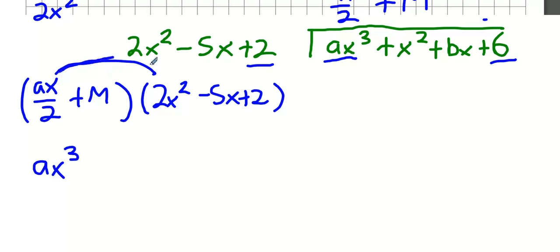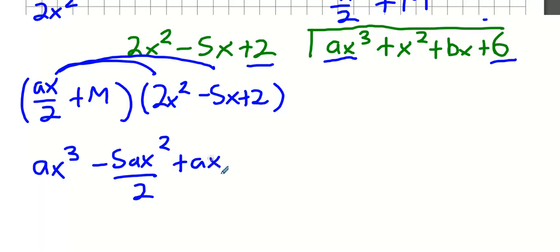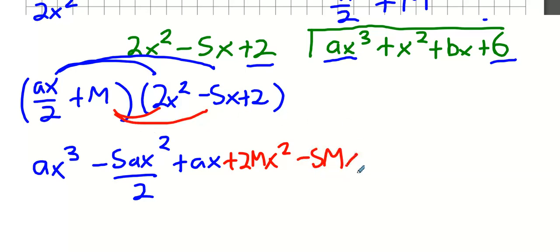What's ax over 2 by 5? Anybody? 5ax squared all over 2. What's ax over 2 by 2? Just ax. Now next part, m by that, 2mx squared, m by minus 5 is minus 5mx, and m by 2, 2m.